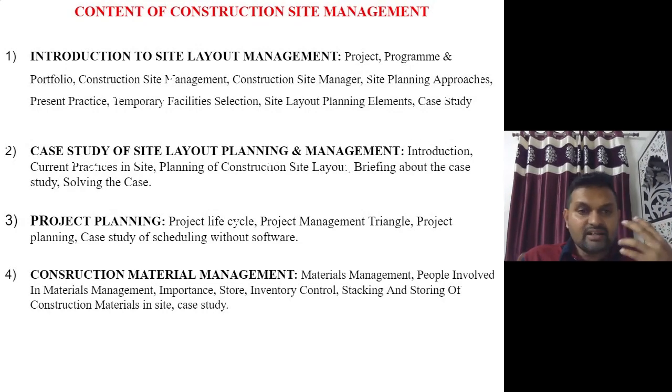Then, after understanding the basic concept of site layout planning, the next session will be completely on a case study basis, in which, with the example of two case studies, we will put in some hands-on experience of how exactly we are able to do the site layout.